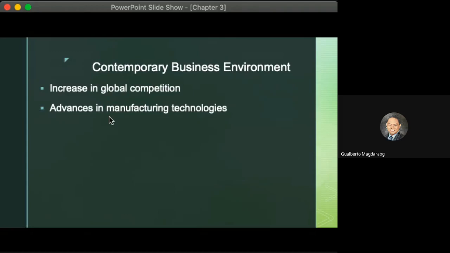Another contemporary business environment is advances in manufacturing technologies. Again, it's normal for you to see technology in manufacturing like robotics, yung mga machineries. But before, wala po talagang ganyan.